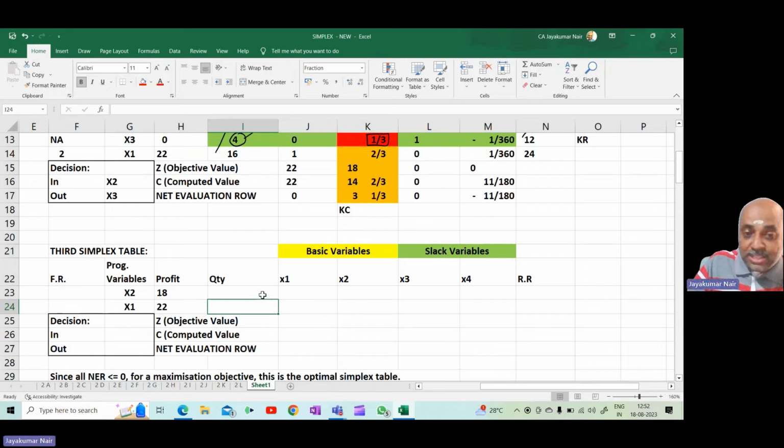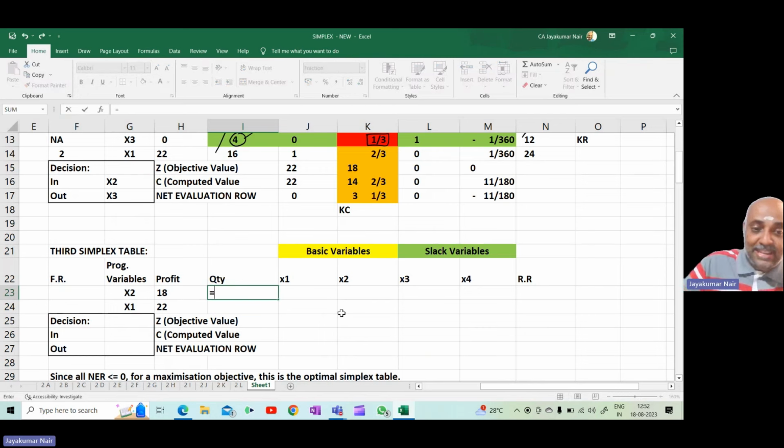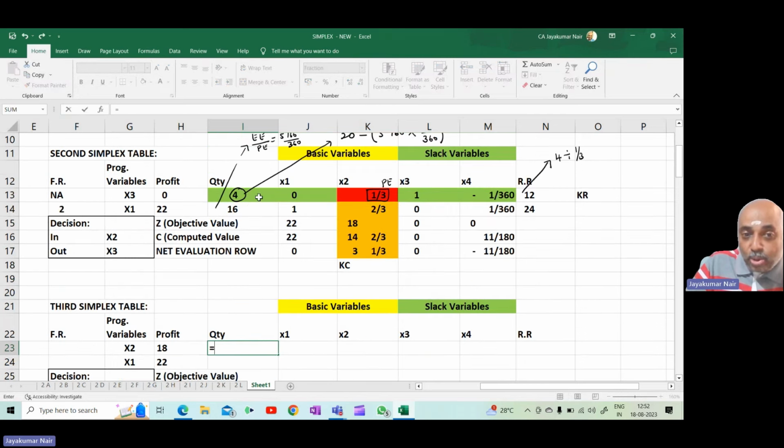Then we have to first fill in the key row elements. In the previous table, the key row element is 4. This should be divided by the pivot element, which is 1 over 3. When you divide by 1 over 3, it will become the reciprocal.